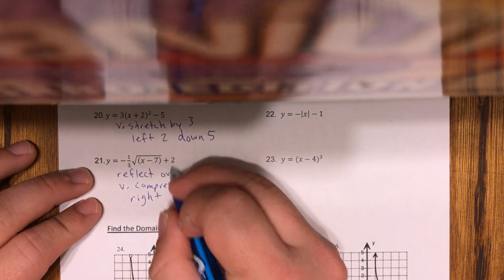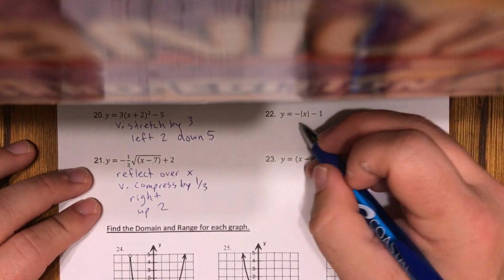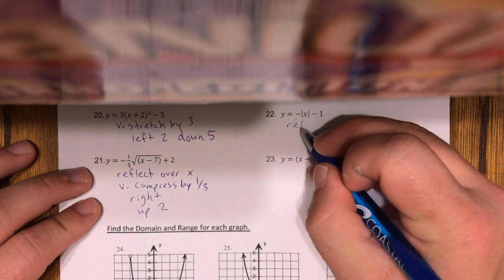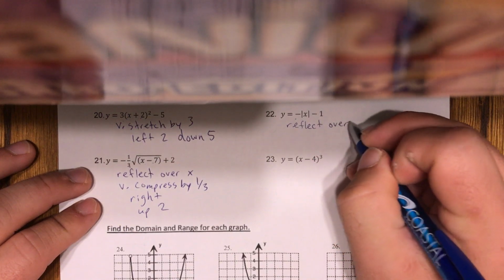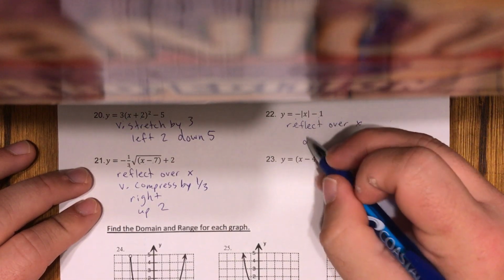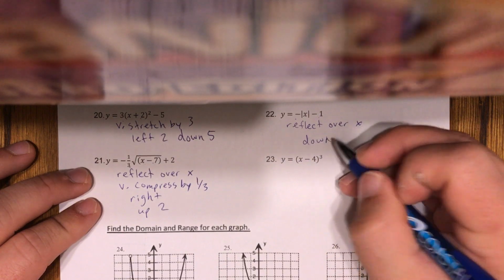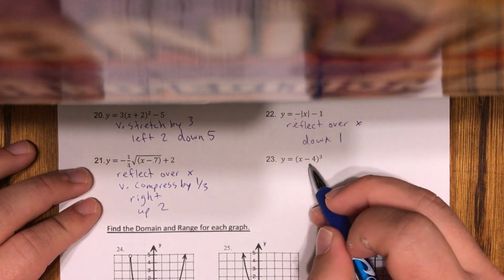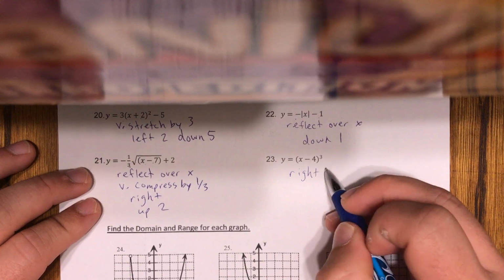The -7 is underneath the square root, so it's going to go right 7 and up 2. We've got a negative in front again, so it's going to reflect over x. And down 1. The -4 is inside parentheses, so right 4, and that's it.